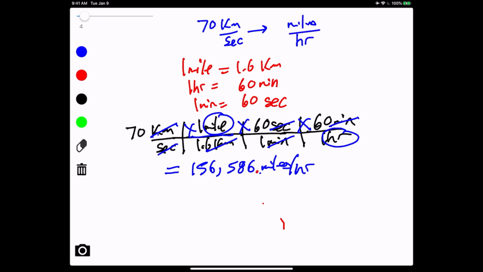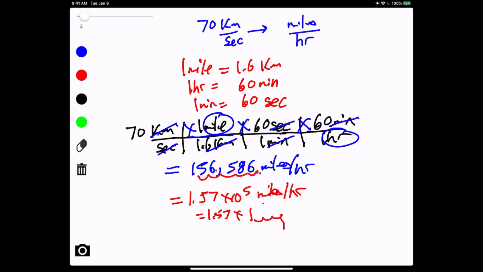And remember, here's our decimal point. So 1, 2, 3, 4, 5. This equals 1.57. We'll round this up because there's a 5 there and there's a 6. So 1.57 times 10 to the 5 miles per hour. And again, what this is telling us is 1.57 times 1, and then we have our decimal point here.